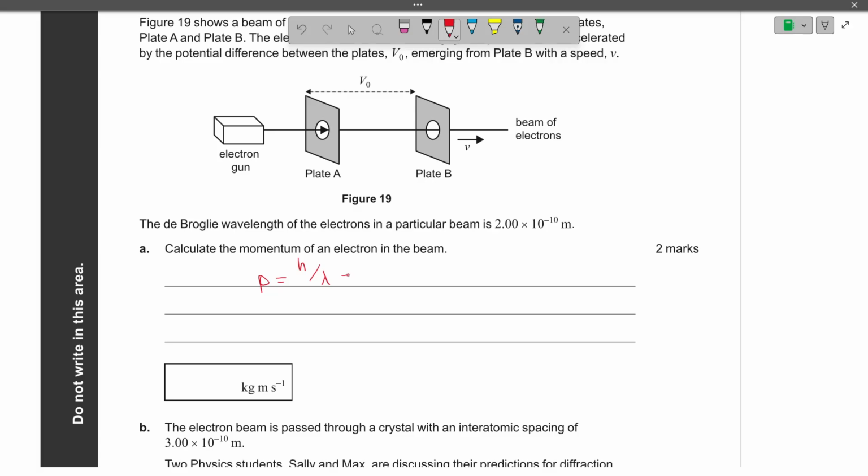So h here is going to be 6.63 times 10 to the minus 34 over the de Broglie wavelength. Chuck it on a calculator, two marks, you get 3.32 times 10 to the minus 24. Okay, easy.